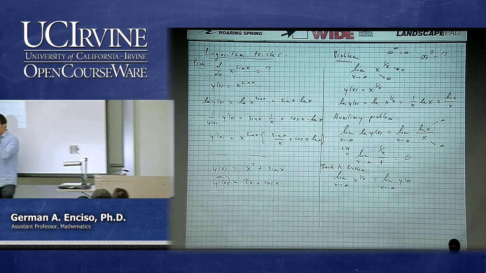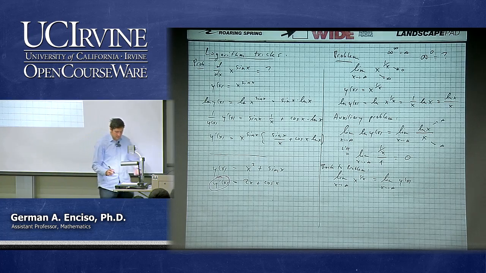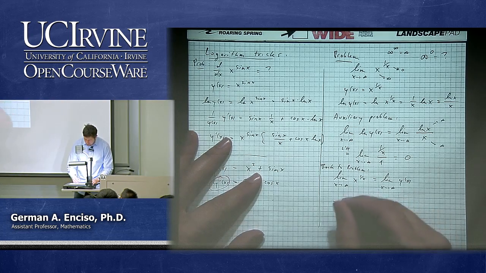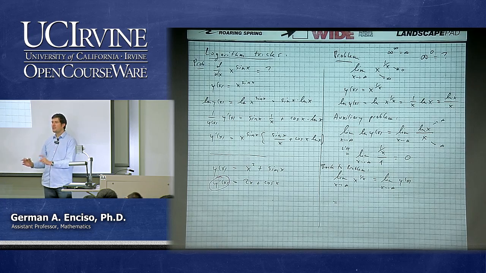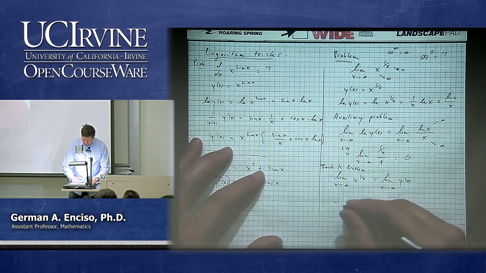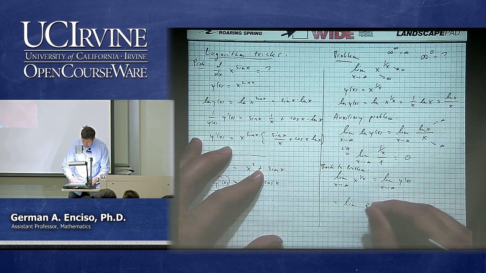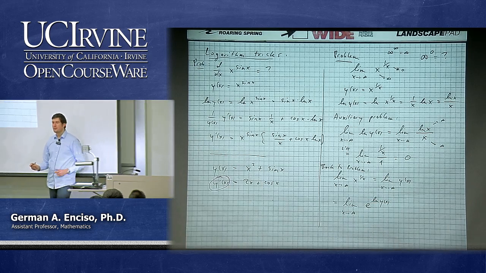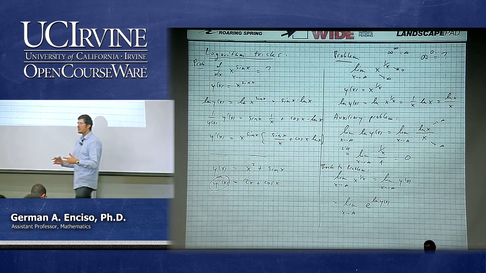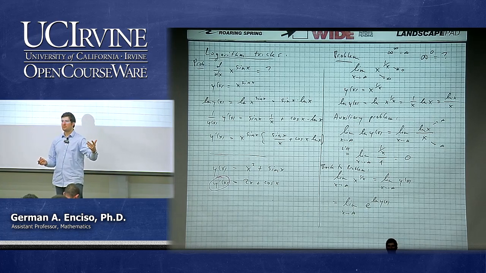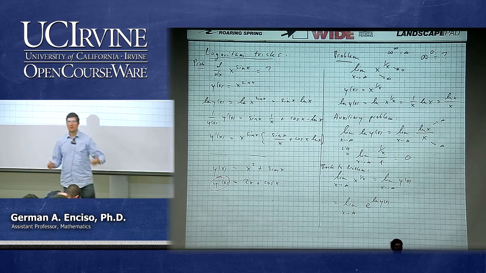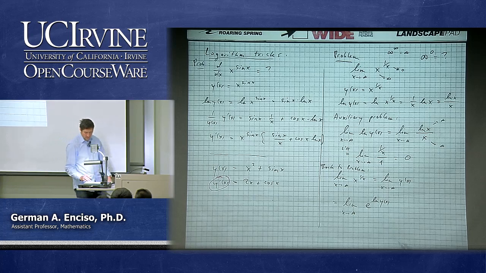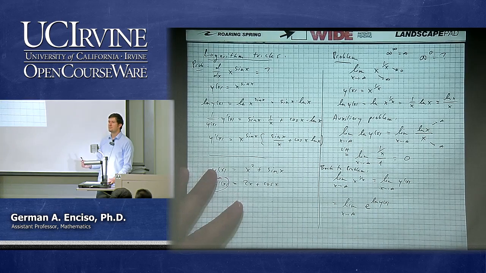Okay? Now here comes the trick. This is the critical part. So pay attention. We want to find the limit of y of x. Okay? This is the same as the limit of e to the logarithm of y of x. That's the trick. Okay? Y of x is the same thing as e to the logarithm of y, because these two are inverse functions of each other.